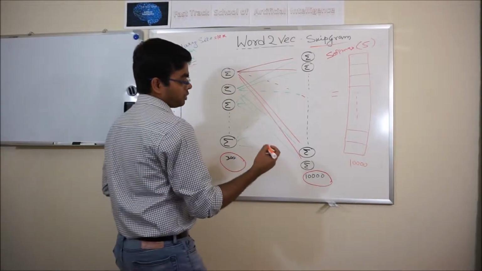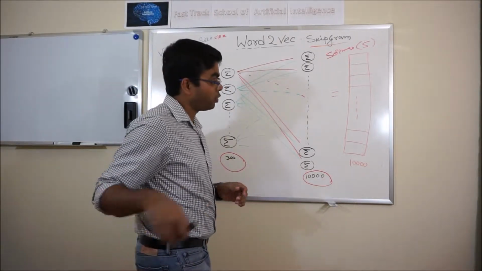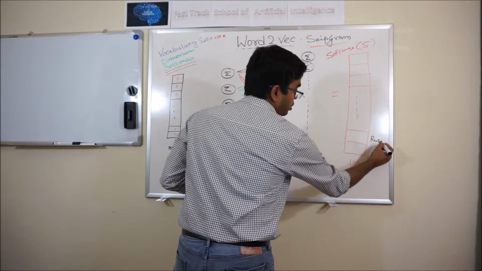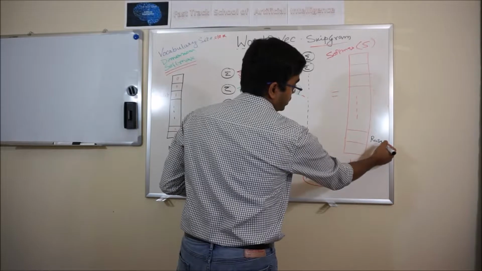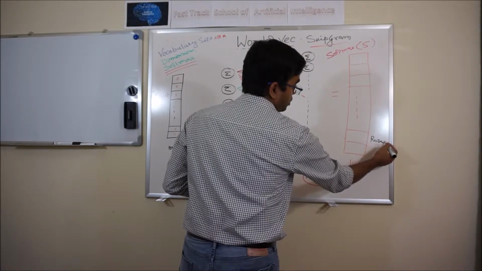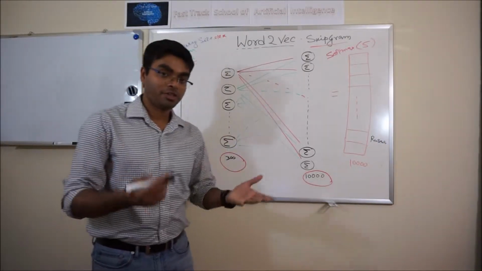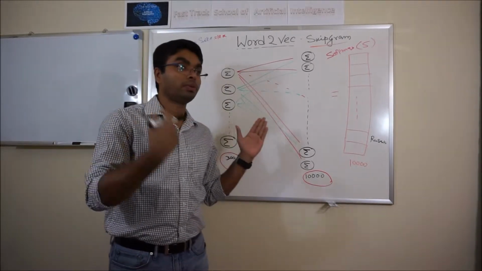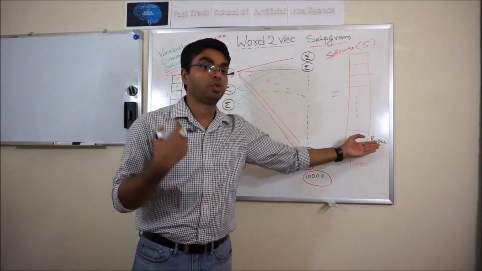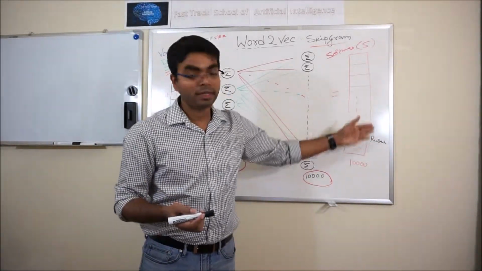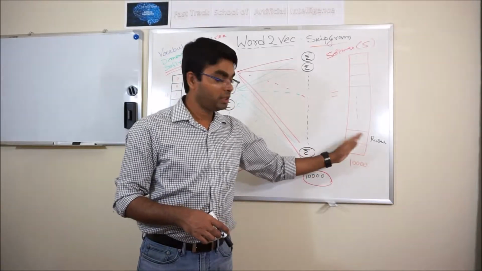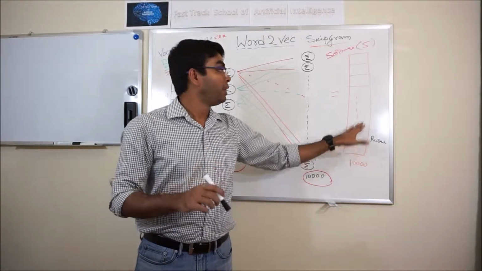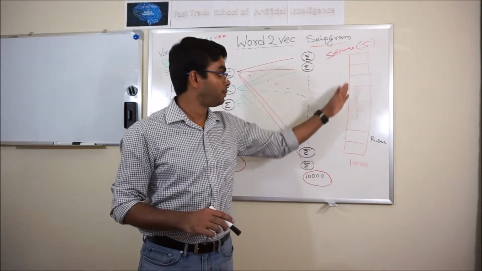For example, suppose this word is Russia. From a general understanding point of view, if one word is Soviet, the other word Russia should have a higher probability than anything else.